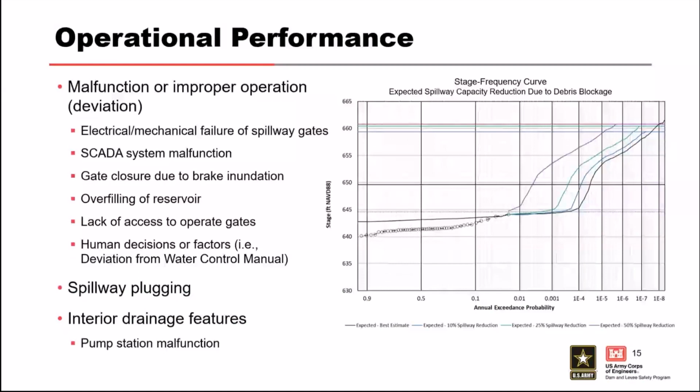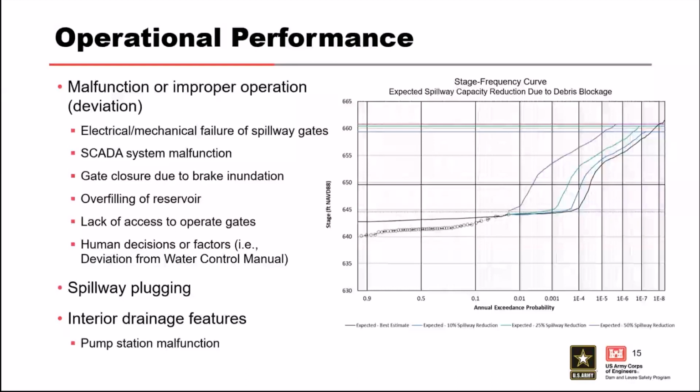Similarly, malfunctions of remote gate operating systems can also prevent gates from opening when needed. Other examples could include loss of access to the gate controls due to a rising reservoir elevation, inadvertent gate closures due to inundated breaks, general overfilling of the reservoir for hydropower purposes, or human decisions or factors such as a deviation from the water control manual.